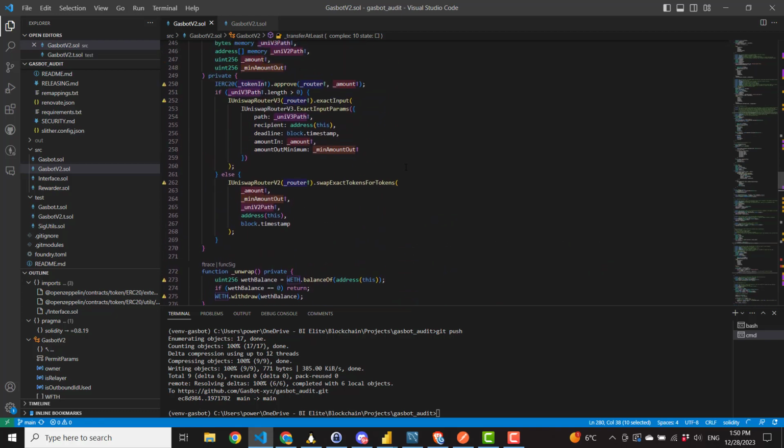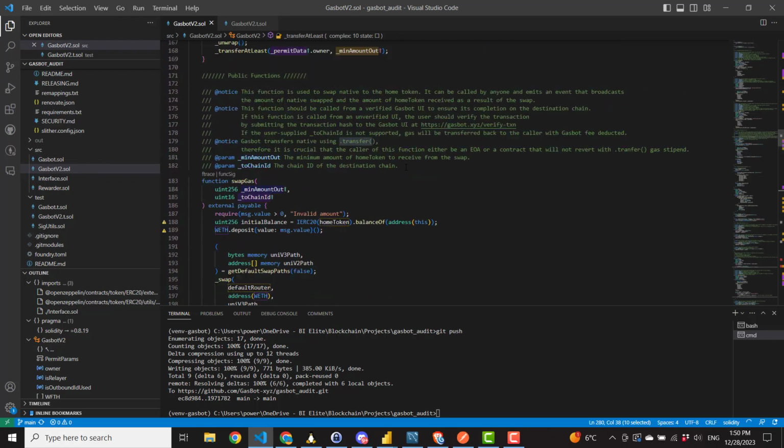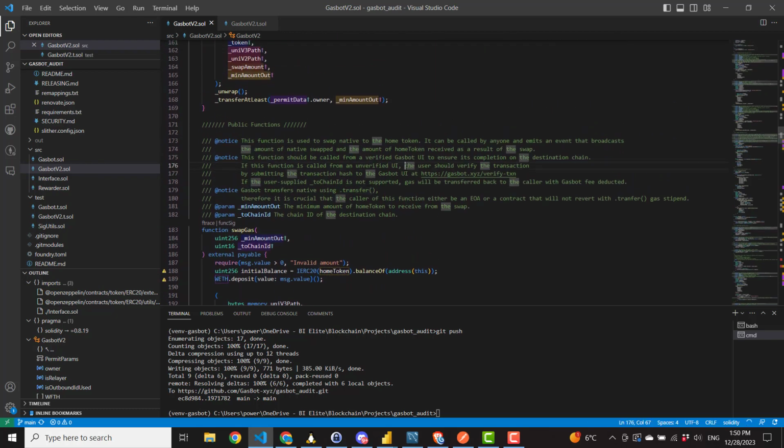So what that means is you're probably thinking about how contracts that have some sort of fallback won't work here. So we just have this notice here basically saying the caller of this needs to be an EOA or a contract that won't revert. And again, if it would revert, I don't know.